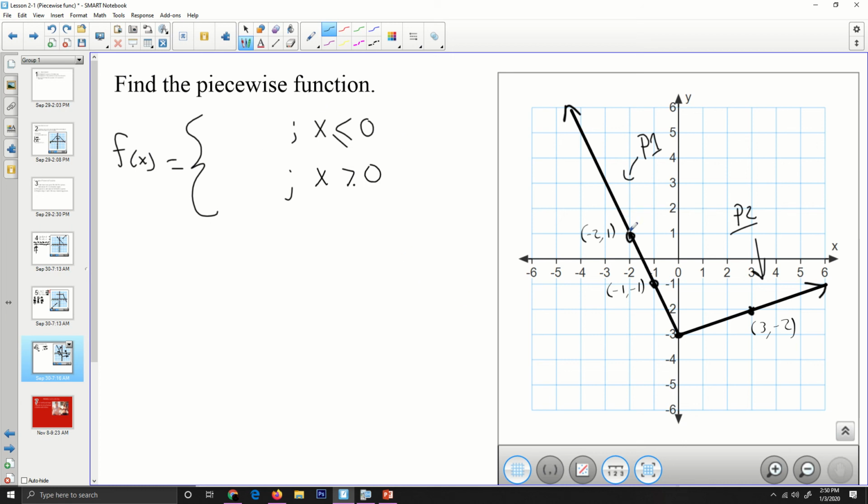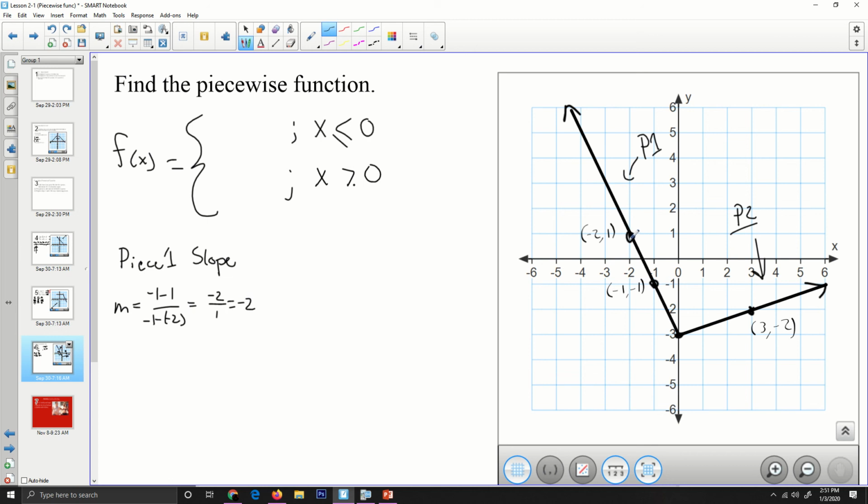All right, so we want to find the equation of the line for these 2 points right here. And so I'm going to find the slope for piece 1. The slope m is y2 minus y1, so negative 1 minus 1 over negative 1 minus negative 2. And that will give me negative 2 over positive 1, so I have a slope of negative 2.